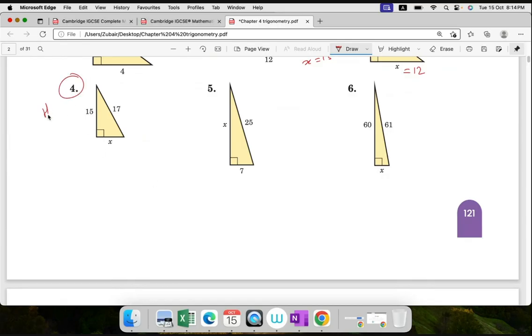Try this, Haris. Number 4. Ali, try number 5.